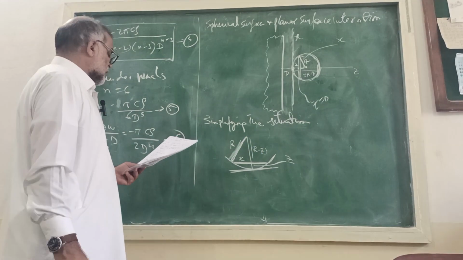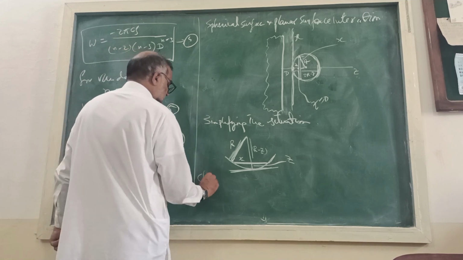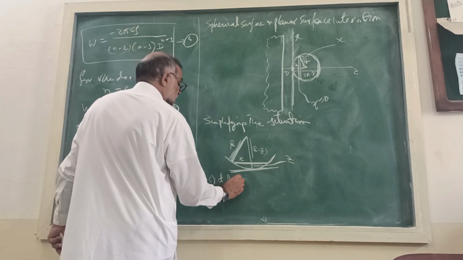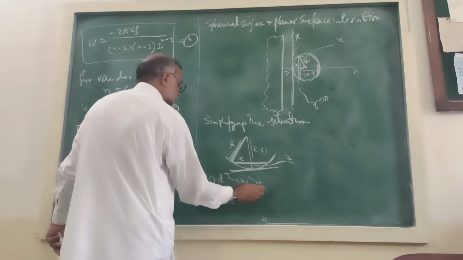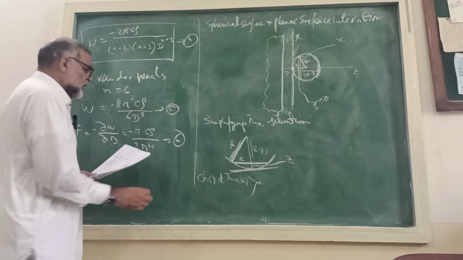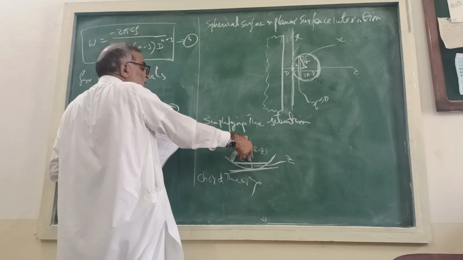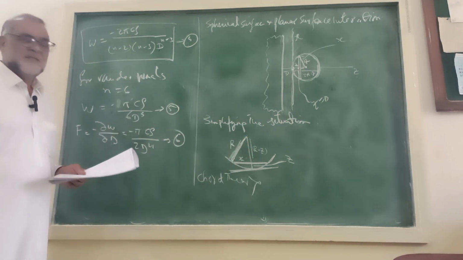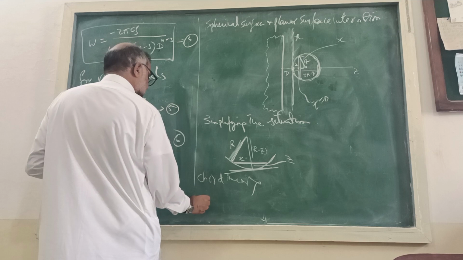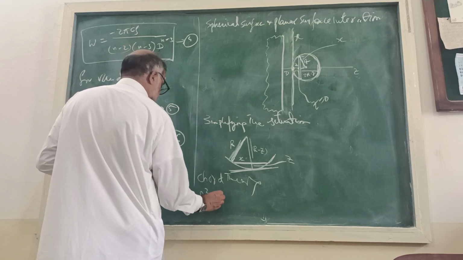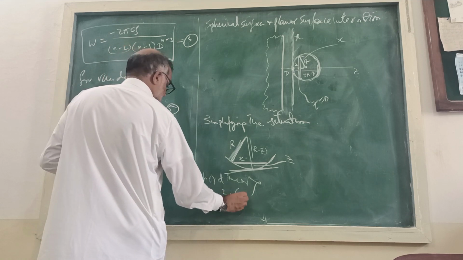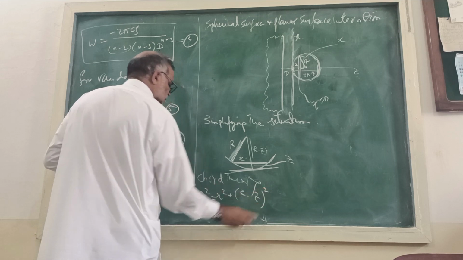Right? So we apply the chord theorem here. R square is equal to x square plus this square. So R square is equal to x square plus R minus z whole square.